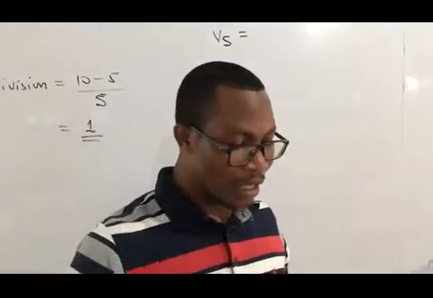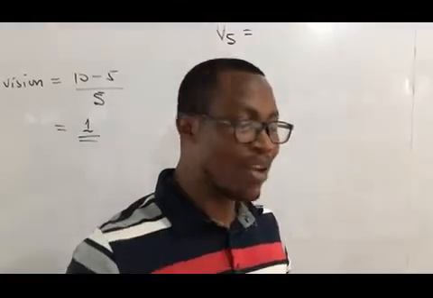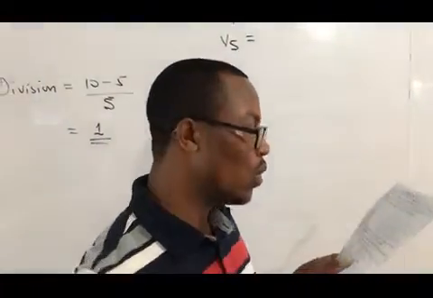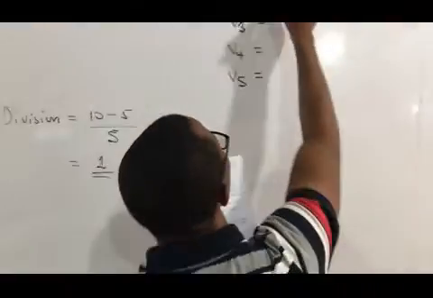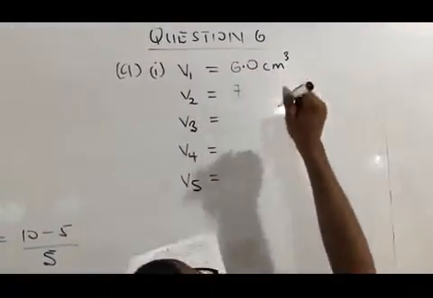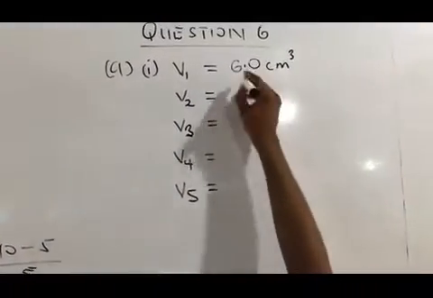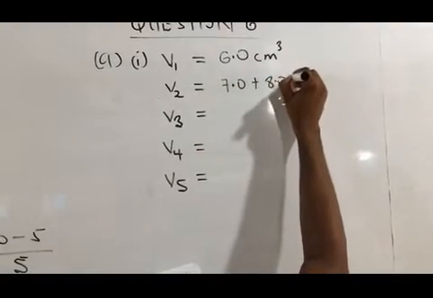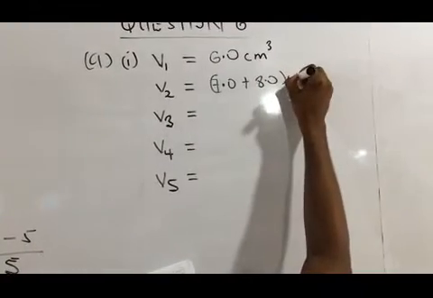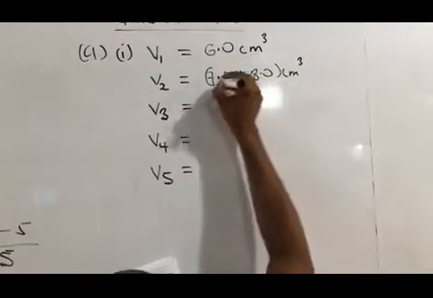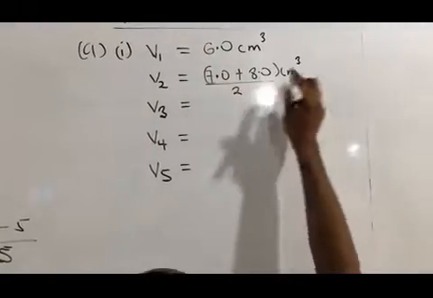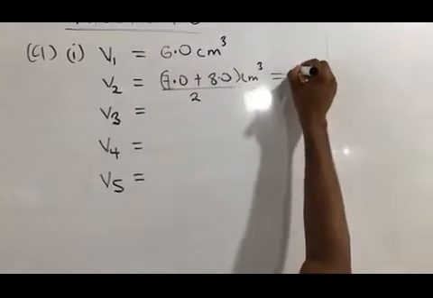So it will be 7 plus 8 divided by 2, and that will give you 7.5. So V2 is 7.5. Let me indicate here: you have 7.0 plus 8.0 centimeter cube divided by 2. It's between these two divisions, so we add and divide by 2, and that'll give you 7.5.